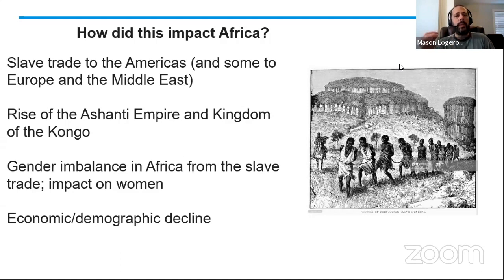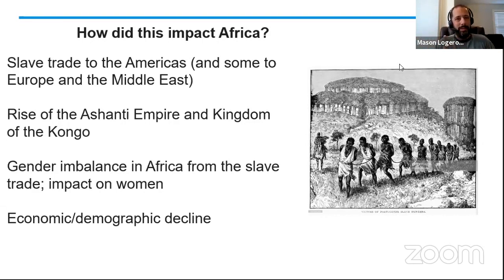And then we also really need to consider the impact that it has on the economy and the demographics of Africa. Now, a lot of times students think that the population of Africa declined this time because so many people were being forced into migration to the Americas. It's not that the population of Africa declined. In fact, the population of Africa over these couple centuries did increase.